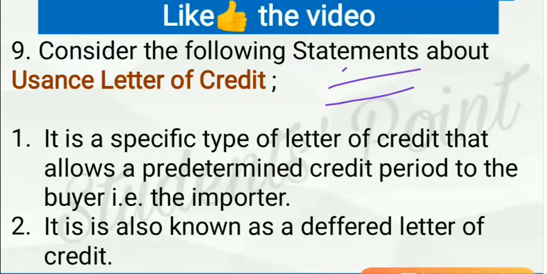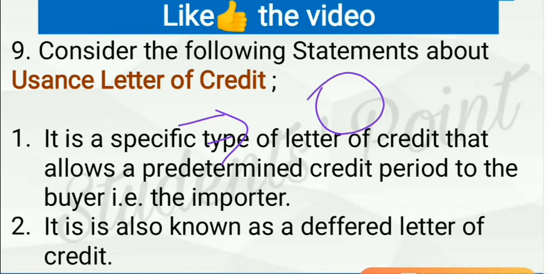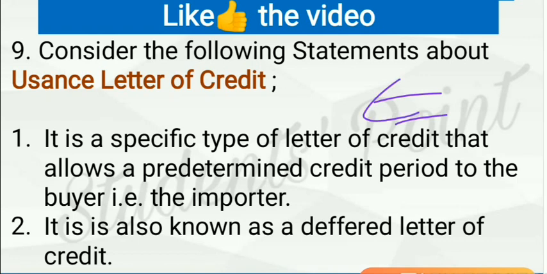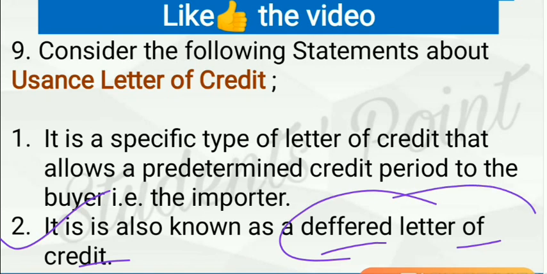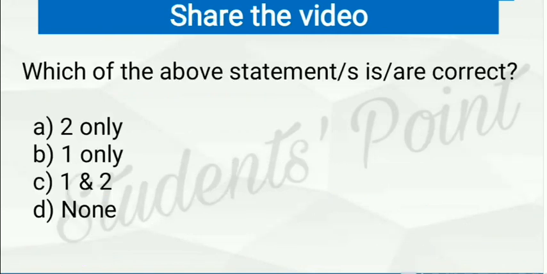So the company here gets 2 months or whatever time period was predetermined by both the entities to repay the total value of the goods which it bought earlier. It is basically just a loan which a company is taking from a supplier, and it is also known as deferred letter of credit. So this is also correct. Remember, it is also called deferred letter of credit. So here again both the statements are correct, so C is the right answer.